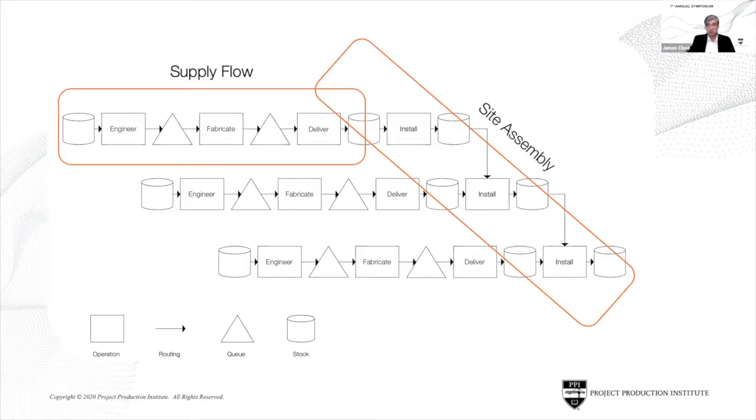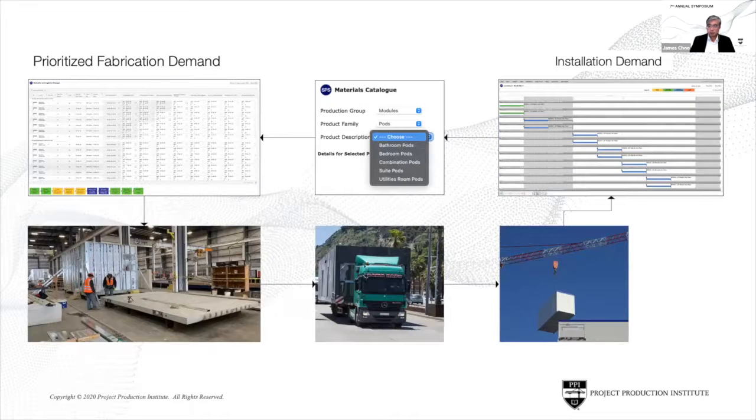Again, what we have to do is make sure the left and the right side are synchronized. To do that, the vision is that the installation demand, which has the specific modules attached, provides the prioritized fabrication demand that signals the production system to produce what they need so that they can deliver and have it installed.